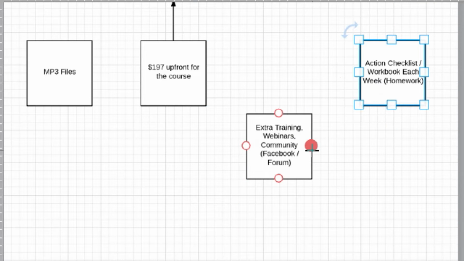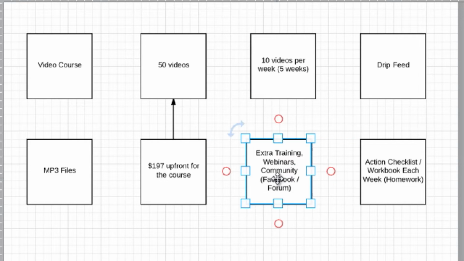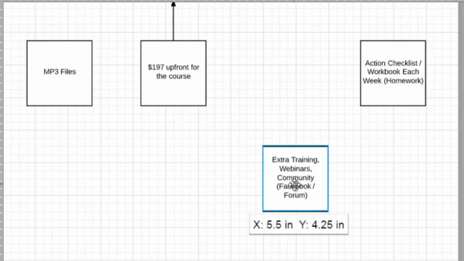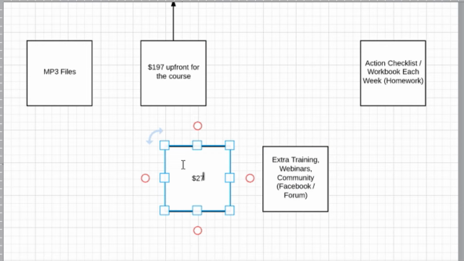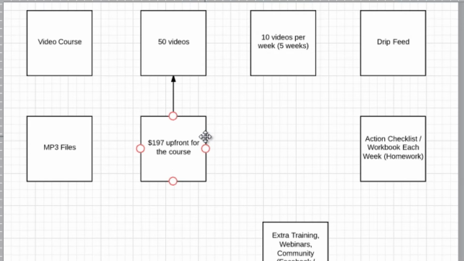The forums are a little bit more difficult because you have more information, but all right. So as you can see here, let's just do $197 and then let's do $27 per month. So we're going to tack that on. So essentially what is happening here is we have a $197 upfront course.